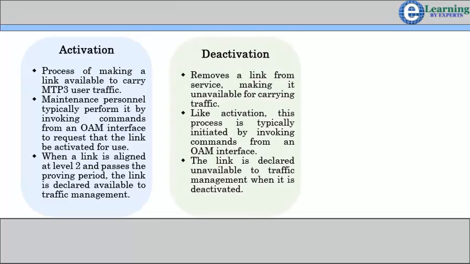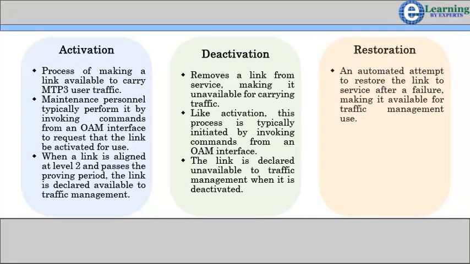Deactivation removes the link from service, making it unavailable for carrying traffic. Like activation, this process is typically initiated by invoking commands from an OAM interface. The link is declared unavailable to traffic management when it is deactivated.